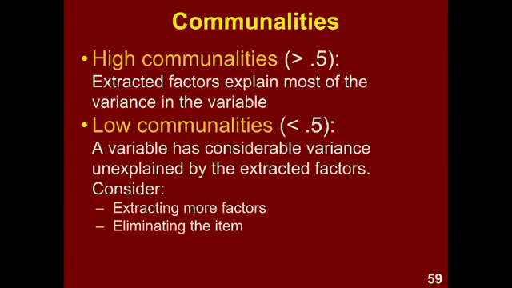So hopefully each item has at least 50 cents or 0.5 accounted for by the factors, and that's reasonably good. You may have variables where less than 0.5 of the variance is accounted for by the factors. And it's not the end of the world, but they may be items that you're a bit concerned about.